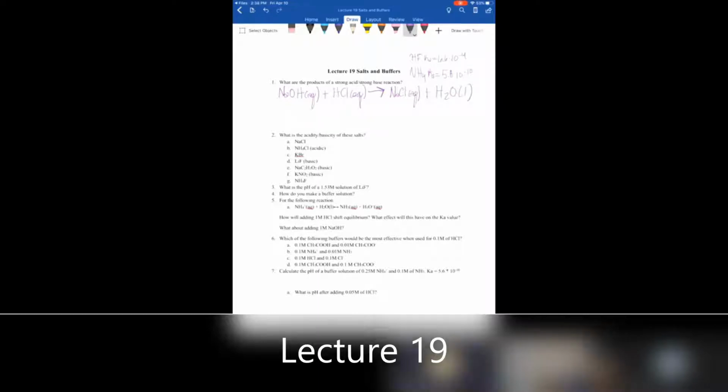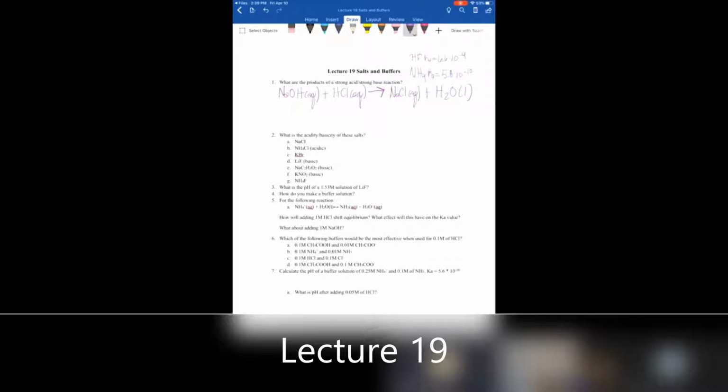So next, what is the acidity or basicity of these salts? I'm looking at it now and I'm realizing that I gave the answers for part of them, but that was supposed to be a hint for me to remember. Then I forgot to take it off.